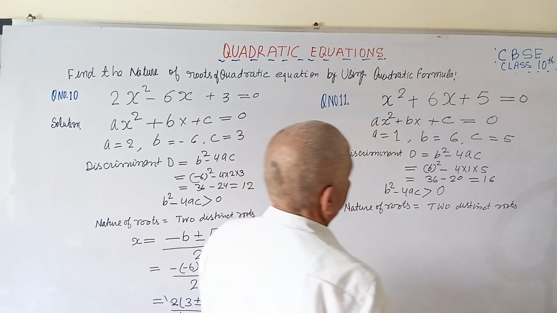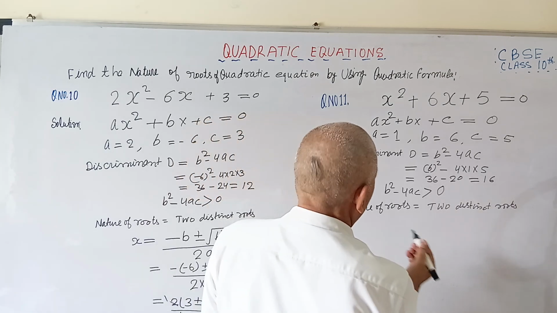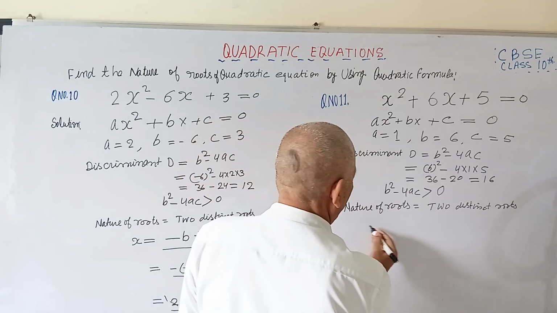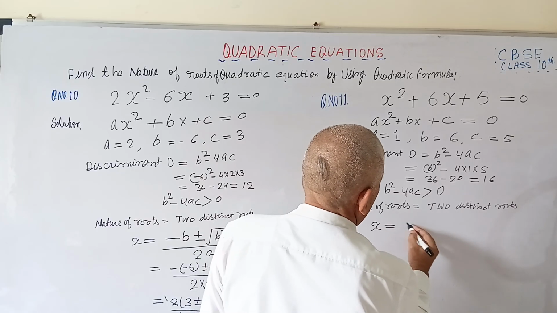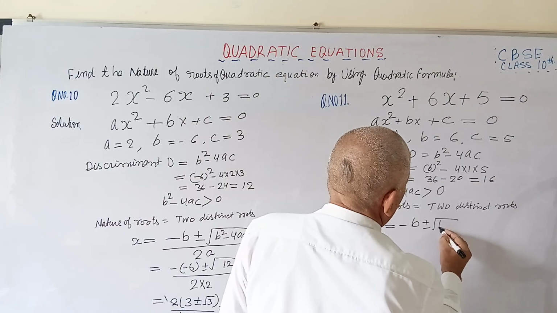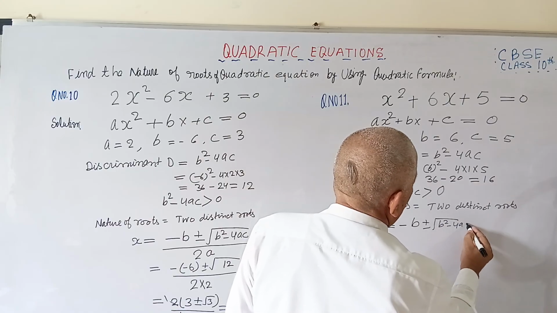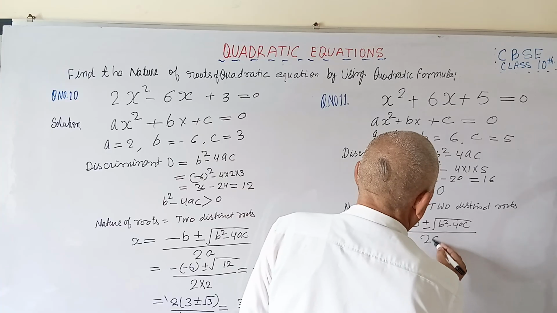Now we will find the roots by using the quadratic formula, that is x equals to minus b plus minus root b square minus 4ac upon 2a.